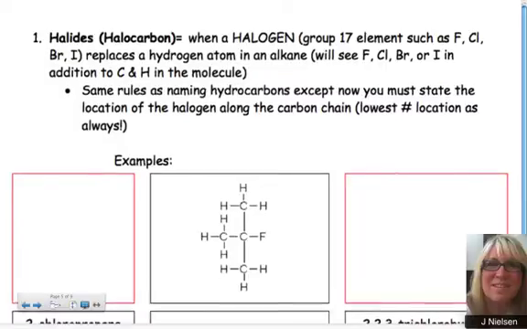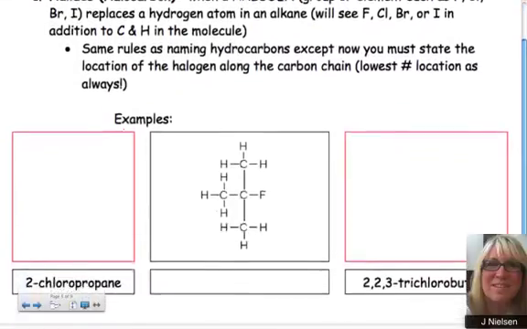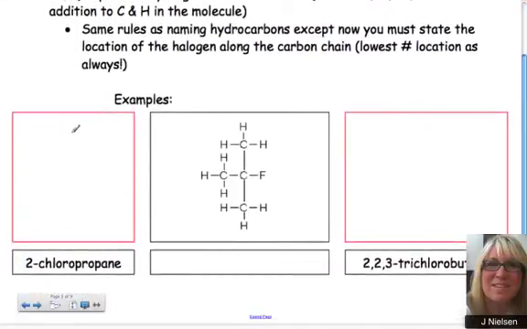So in our first example here, they want us to draw 2-chloropropane. The parent chain is what we start with. Propane tells us prop, 3 carbons. We know it's all single bonds because it ends in ane. We have a chlorine on the number 2 carbon, and this can be either at the top or the bottom because molecules are three-dimensional.